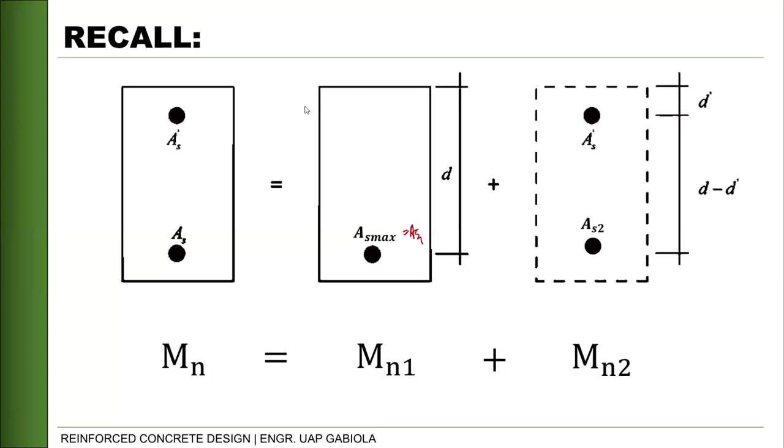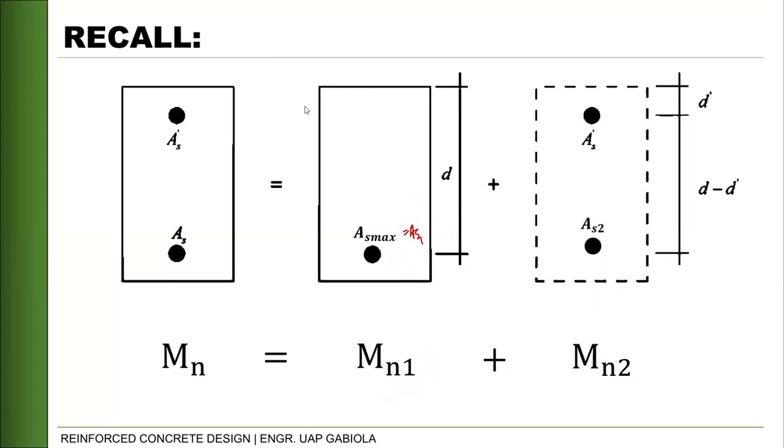Kaya ang papansin nyo dito, yung sa second one, AS2 na yung nakalagay, hindi AS1, ano? So, para hindi tayo ma-confuse kung which is which. Basta kapag AS1, it pertains to the capacity of our section when it is originally reinforced tensionally lang.